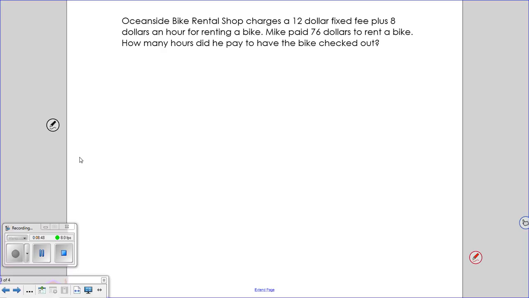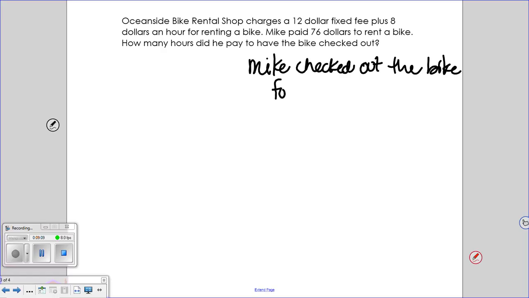So how are we going to make that an answer sentence? Mike checked out the bike for blank hours. Beautiful. Mike checked out the bike for blank hours.